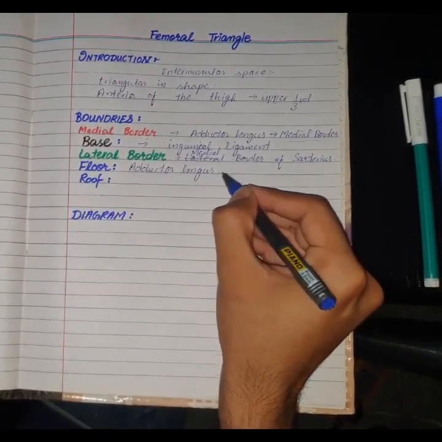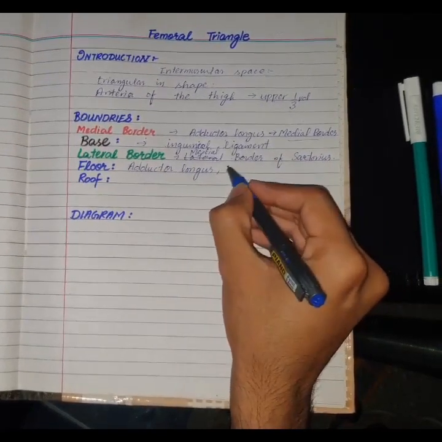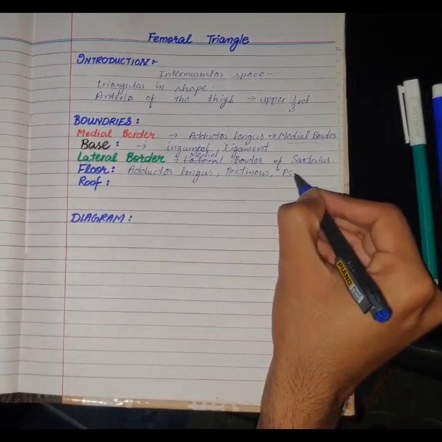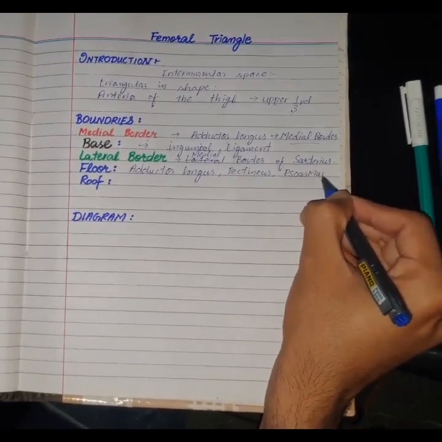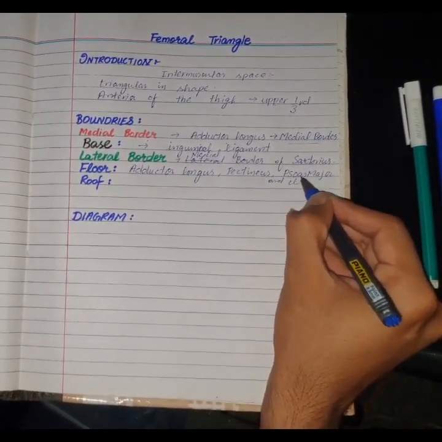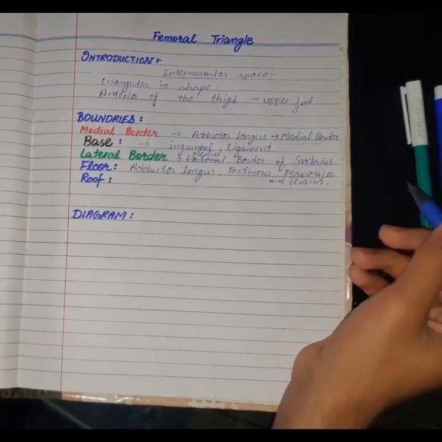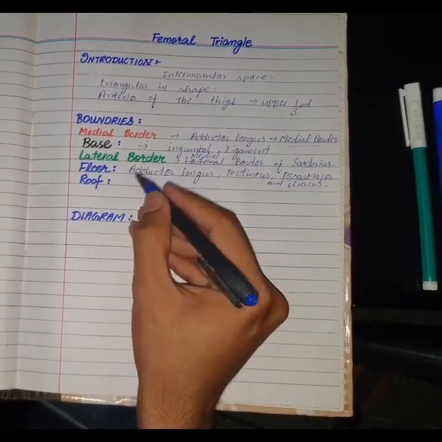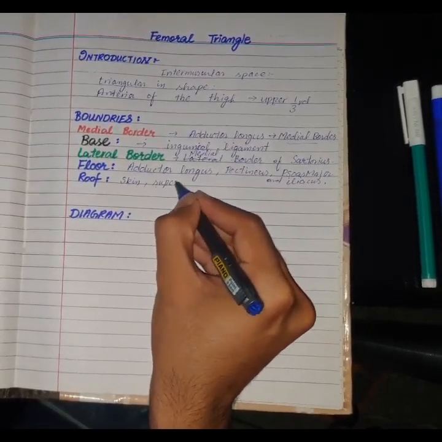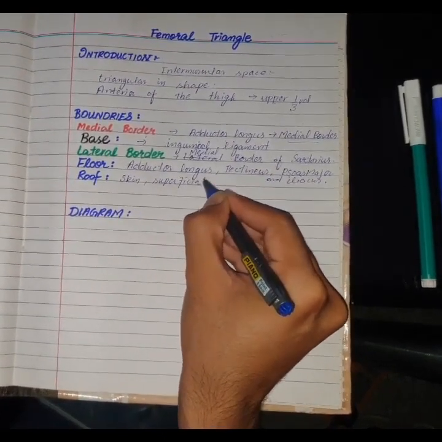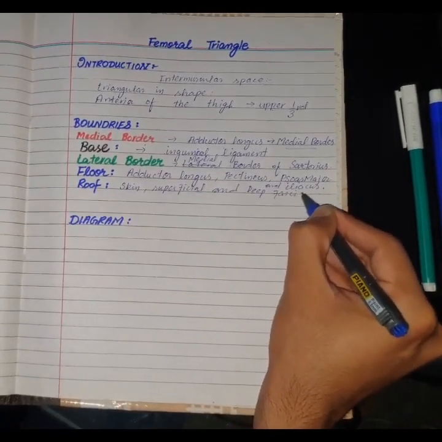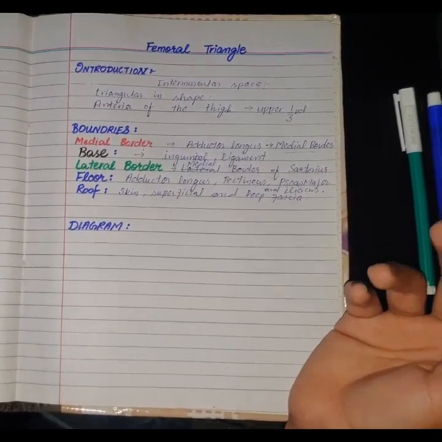Adductor longus most medially, then pectineus, then psoas major, and most laterally iliacus muscle is present. Roof of the femoral triangle is formed by skin, superficial fascia, superficial and deep fascia. So these are the boundaries of femoral triangle.